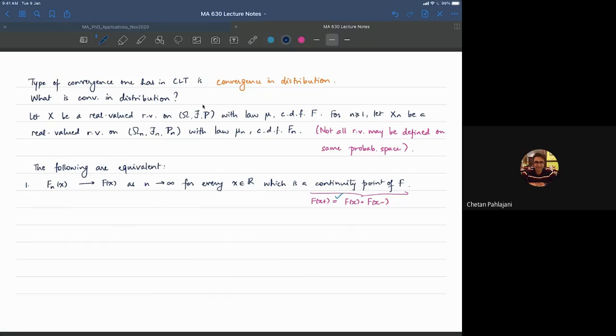Another way to say that is the following. Pn of xn less than or equal to x converges to P of x less than or equal to x as n goes to infinity for every x in R such that P of x equals small x equals 0. Now I hope I don't have to explain much how I got 2.